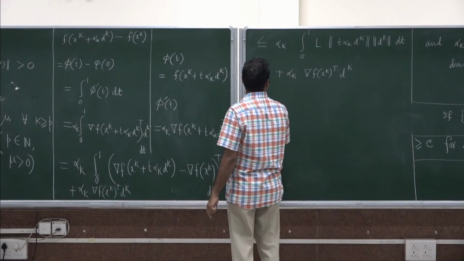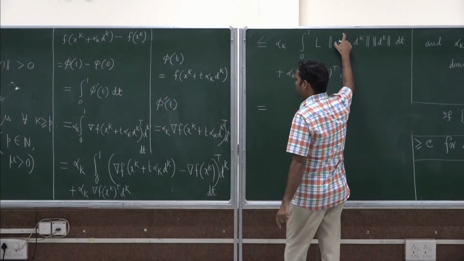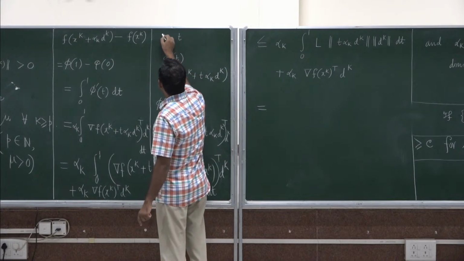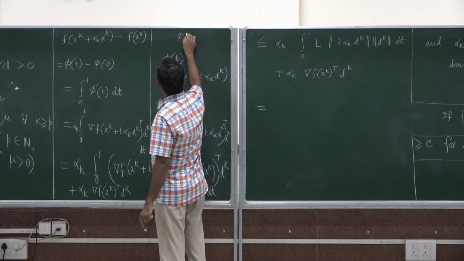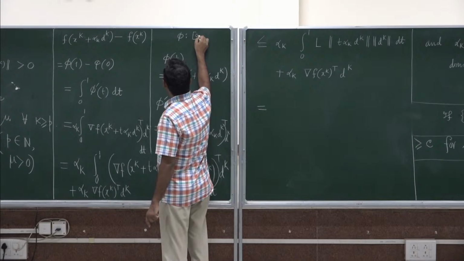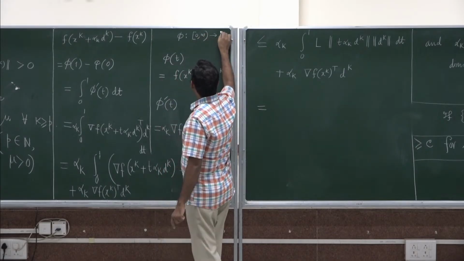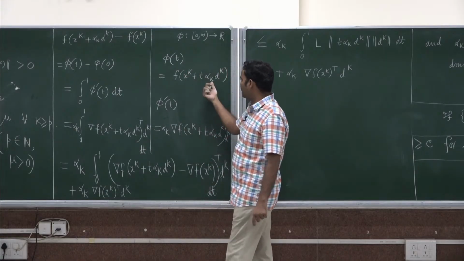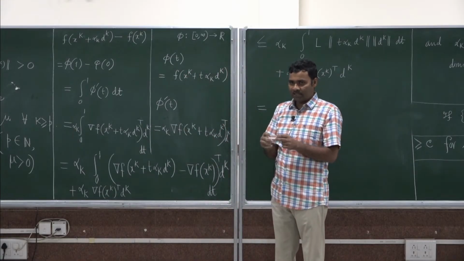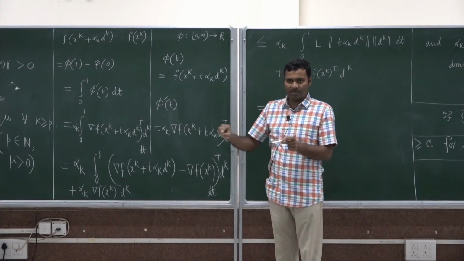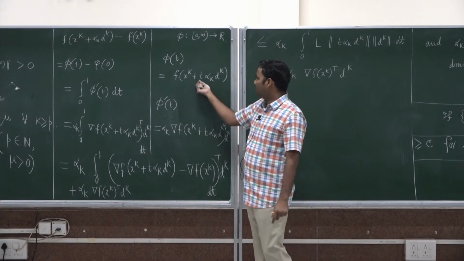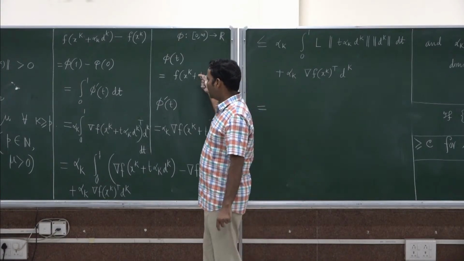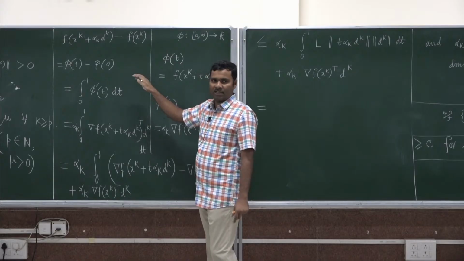And then we have this t, the quantity here. Here we are considering this phi function from 0 to infinity to R. That means we are restricting our movement along the direction dk. Dk is a directed ray, not the entire line, and therefore there is nothing wrong if I am considering t greater than or equal to 0, and I don't require the analysis for t less than 0.